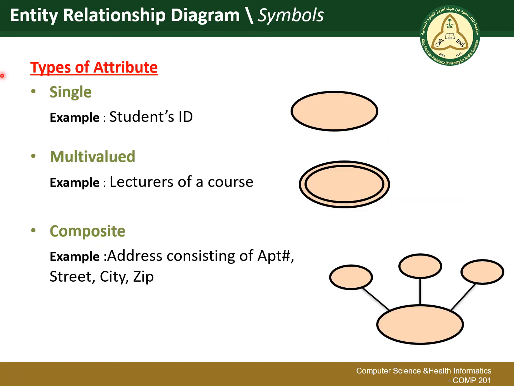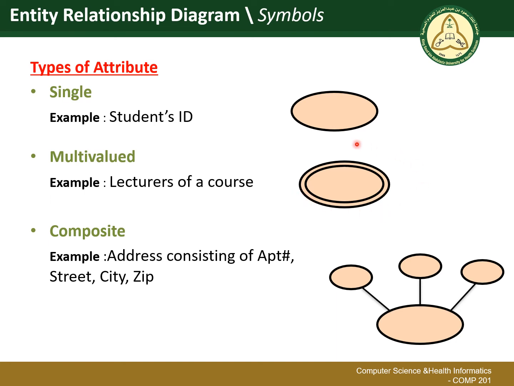We have types of attribute. We have single attribute, which will be represented by the oval shape. So if we have, for example, the student ID, it's a single attribute. We have multi-valued attribute, where we can have multiple values for the attribute.